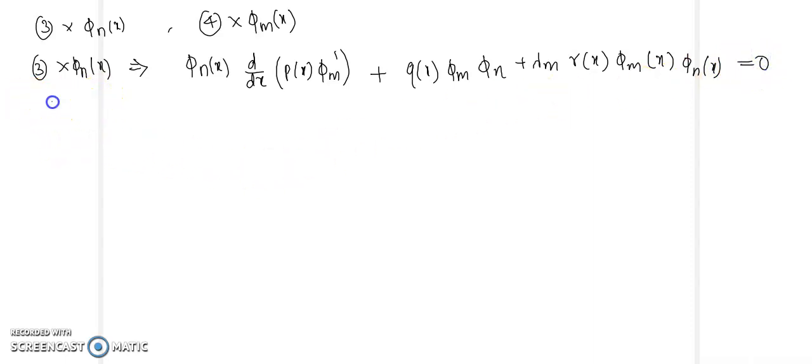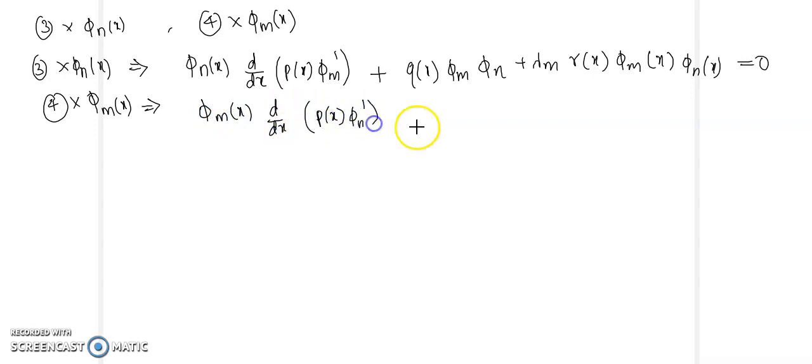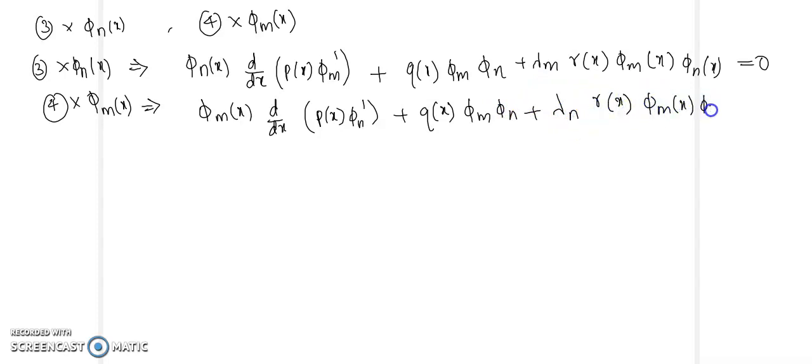And when you take 4 into phi m of x, that will give phi m of x into d by dx of p of x phi n dash plus q of x phi m into phi n plus lambda n r of x phi m of x into phi n of x equal to 0.